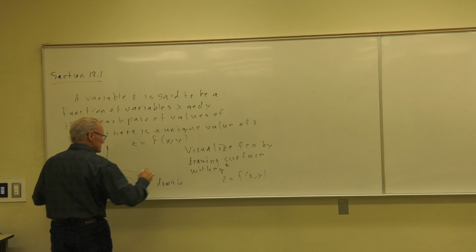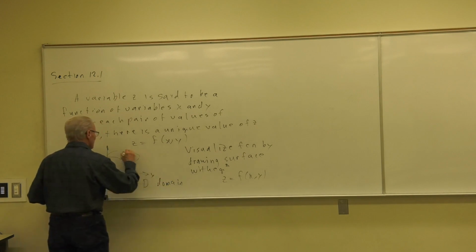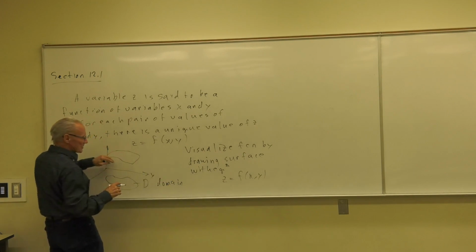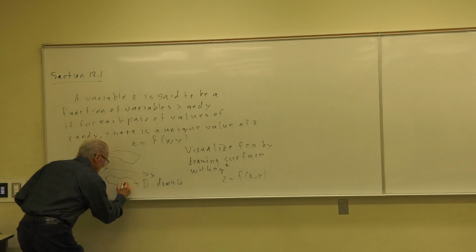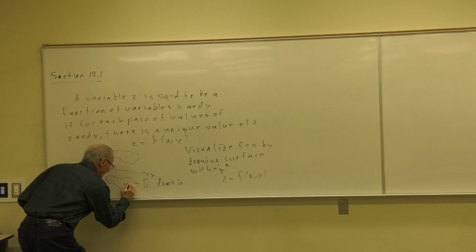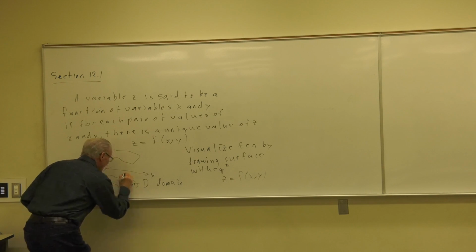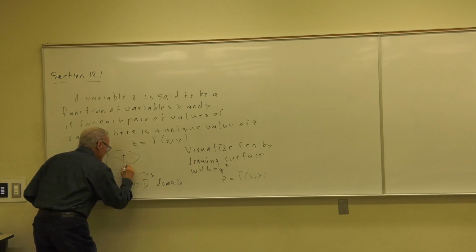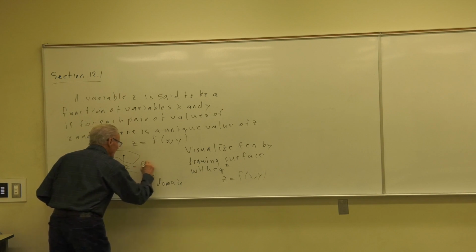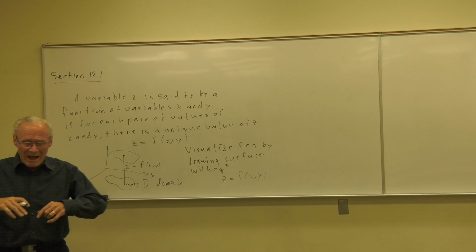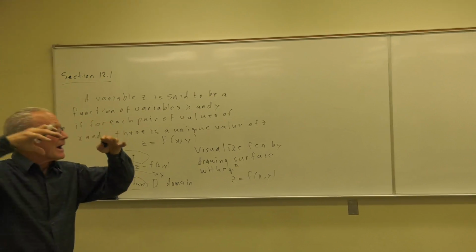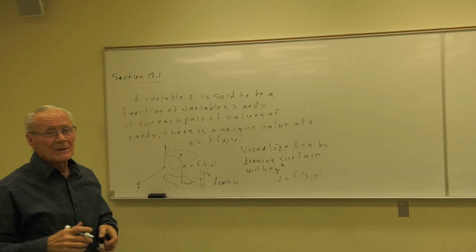So what you do then is you draw that surface, but you only draw that part of the surface that projects down onto the xy plane. So you're given a point here, x and y, and that height to that surface, that's the value of the function at that point x and y. So you visualize values of the function as the height of the surface above the domain in the xy plane.